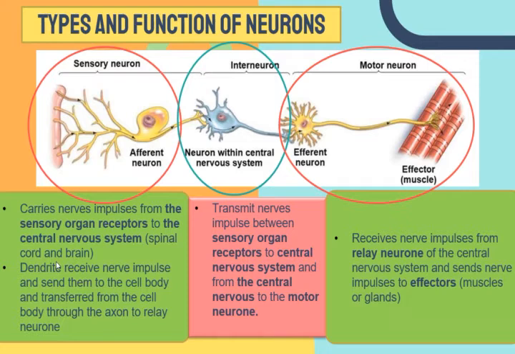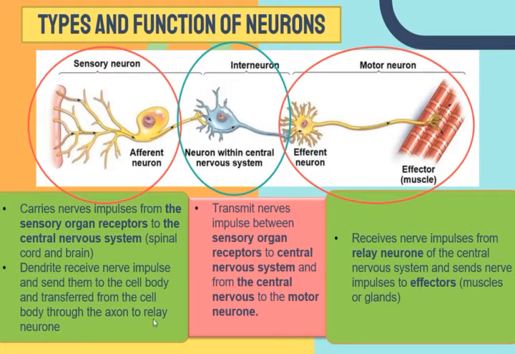The dendrite of the afferent neuron receives the nerve impulse and sends it to the cell body, and from the cell body through the axon to the relay neuron.